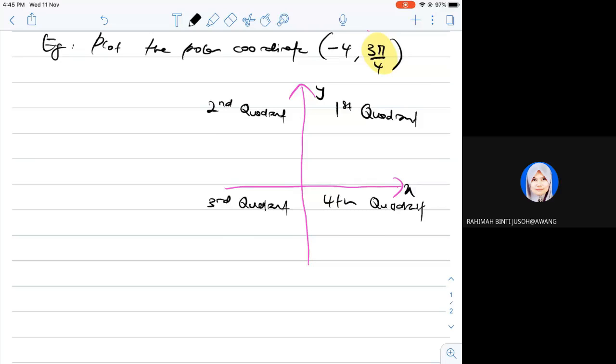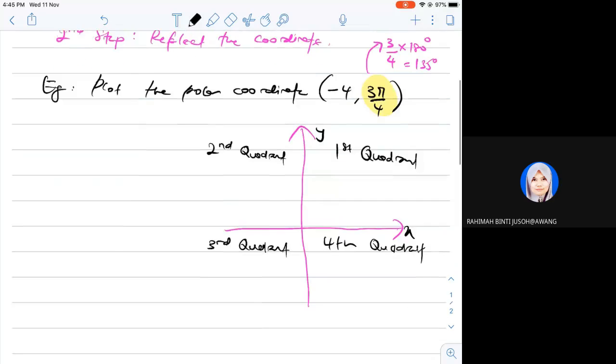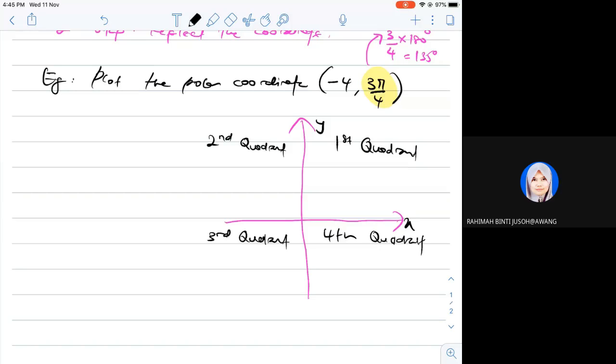So where is the position of 135 degrees? The second quadrant, yes, it will be at the second quadrant.